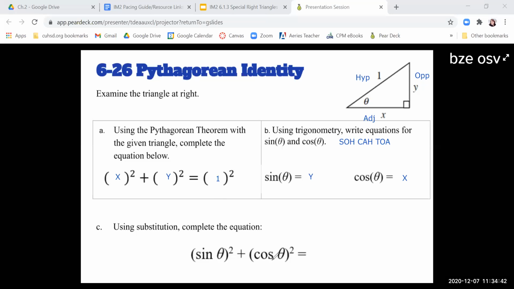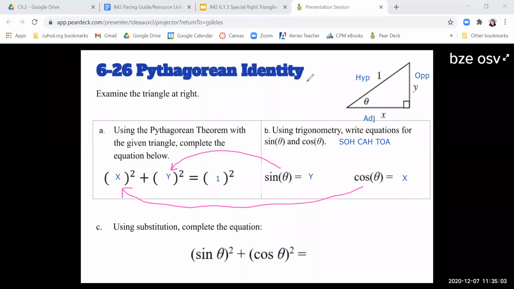It looks like what they're using is the Pythagorean theorem. We have an x squared and a y squared here. It looks like sine was substituted in for y, and cosine was substituted in for x.